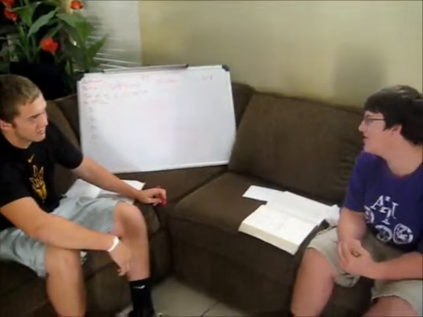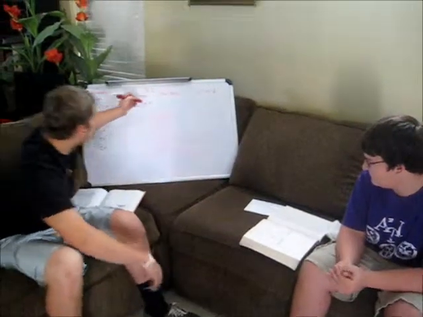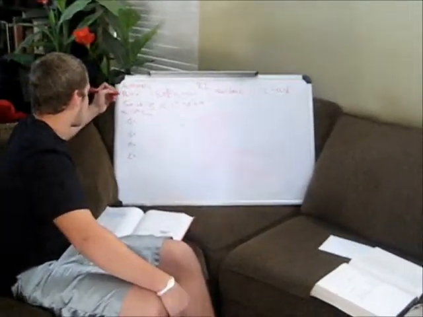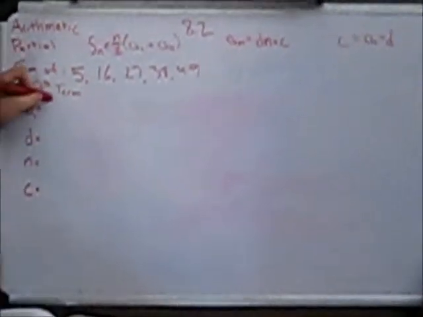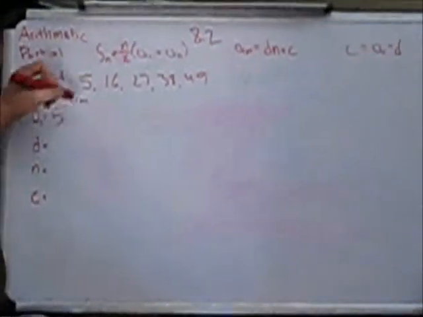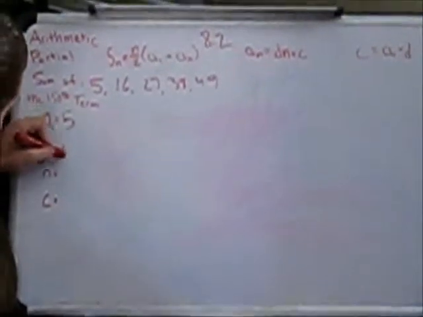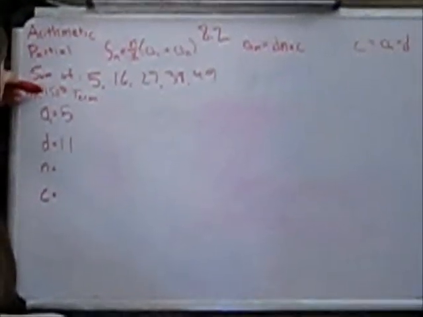We gotta go do some free calculus. Alright. What are we gonna learn first? Alright, the first thing you gotta learn is 8.2, the arithmetic partial sum of the 150th term of this sequence. A1 comes from the first term, is 5. D comes from the second term minus the first term. N comes from which term you have to find.